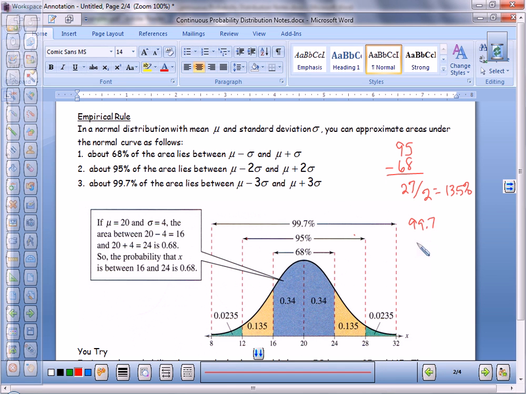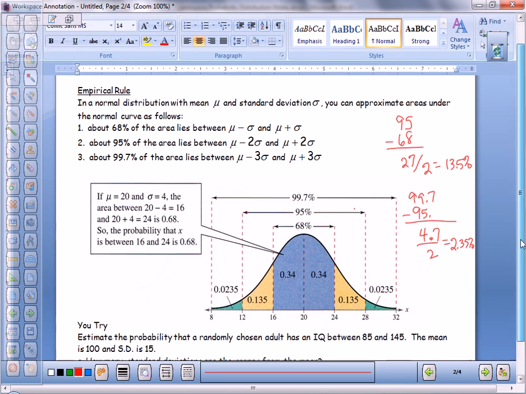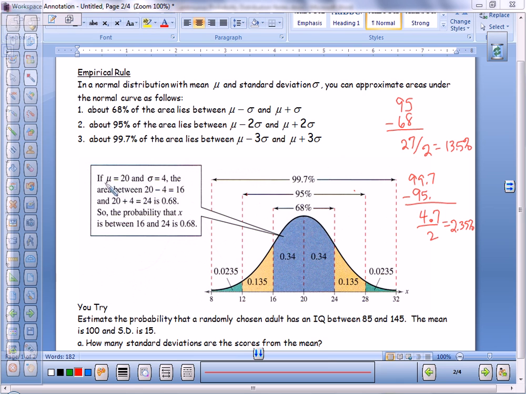This time we take the 99.7%, subtract the 95%, and that will leave us 4.7%. When we take that 4.7% and divide it by 2, because we have the area on this side and the area on that side that have to total that 4.7, we get 2.35%, which gives us a probability of 0.0235.